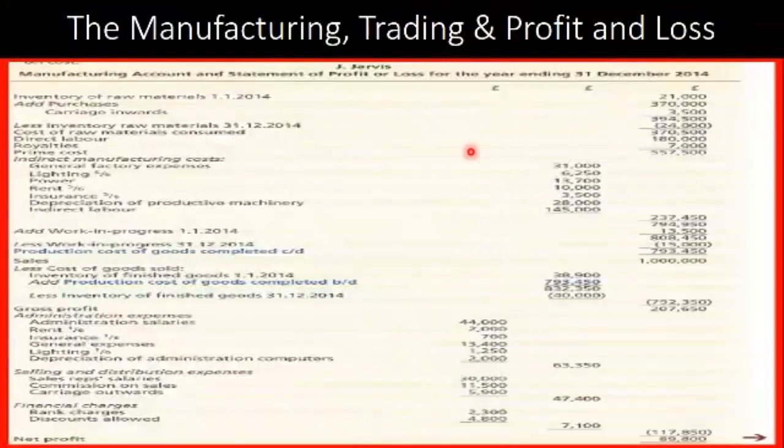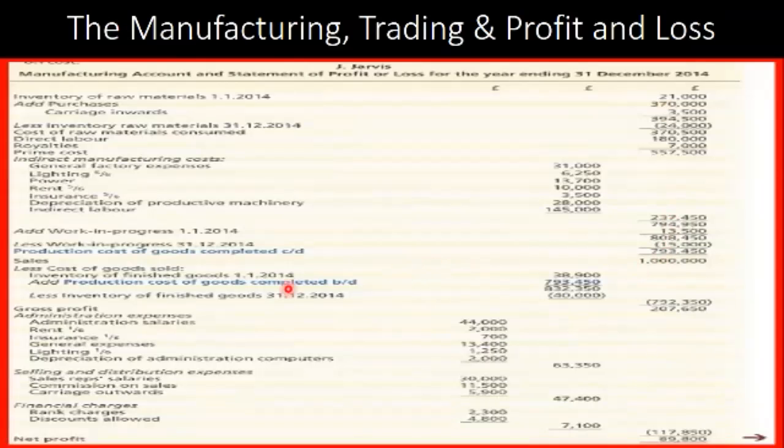Okay, the manufacturing account would look like the top part here up to the production cost of goods completed, which would be 1 million here. That's the manufacturing account from up here to here.